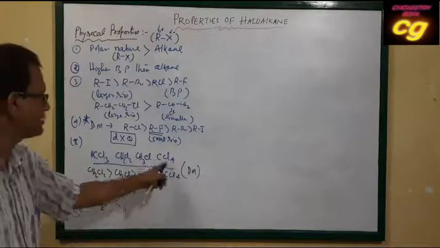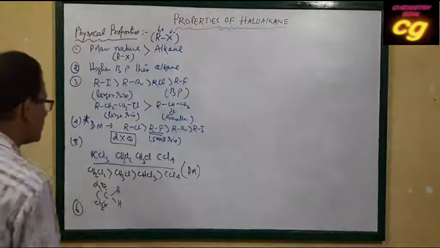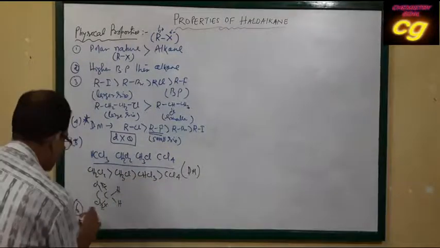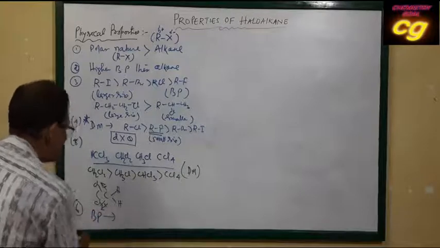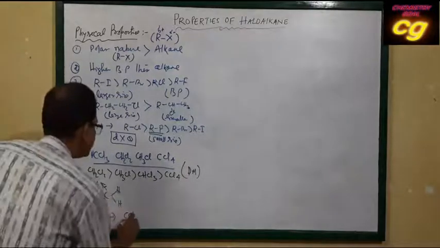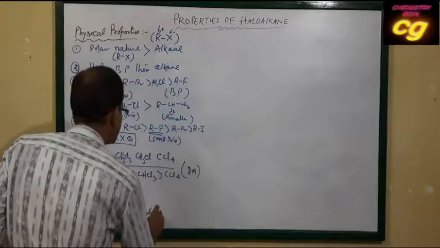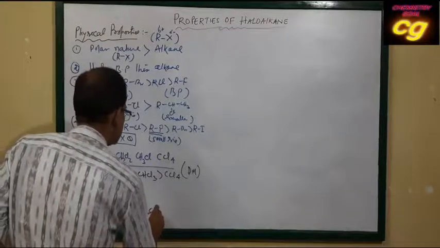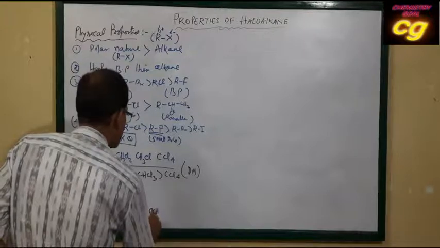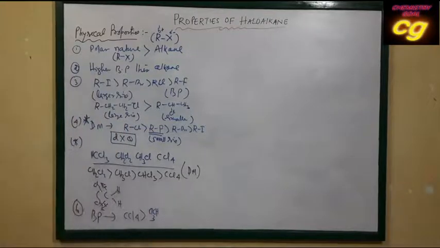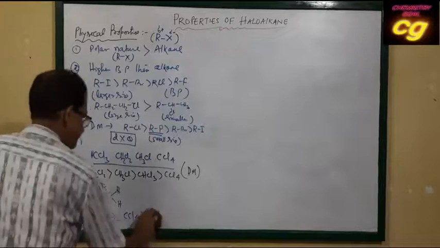Dipole moment may be less, but boiling point increases. So the boiling point order will be CCl4 greater than CHCl3.